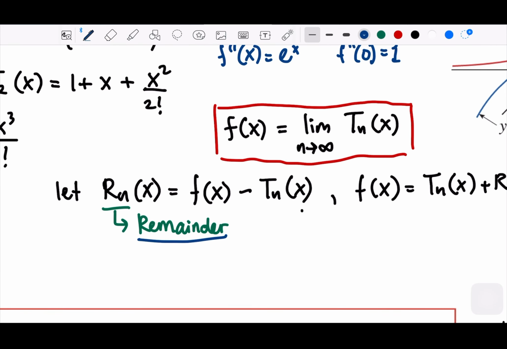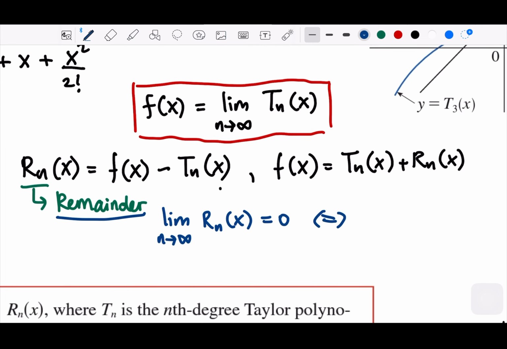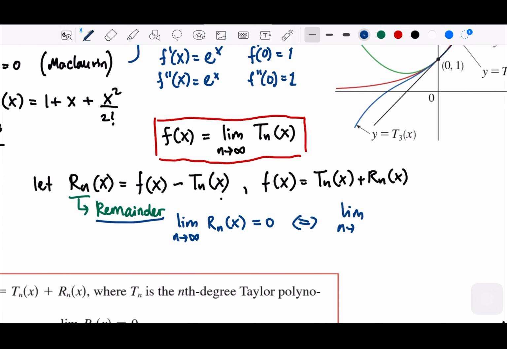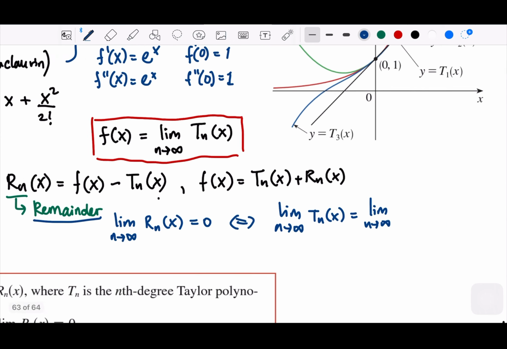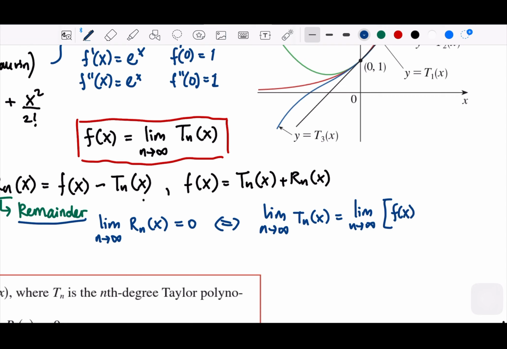So if we can show that the remainder, when we take the limit and increase the n, is getting close to zero, then of course this will show that the limit is the subtraction between the function and the error, or we can say f of x minus the limit.